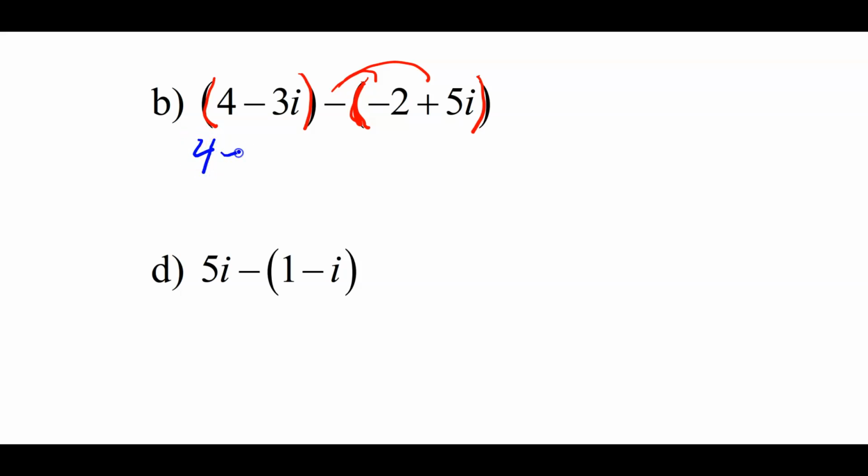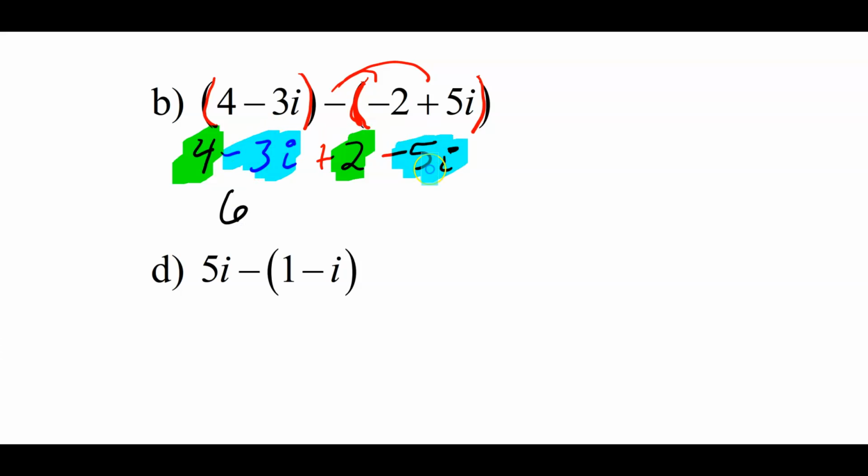So 4 minus 3i, distributing the negative, I'm going to end up with plus 2 minus 5i. And then I combine the real parts, the 4 and the 2, which gives me 6. And the imaginary parts, minus 3i minus 5i, so minus 8i.